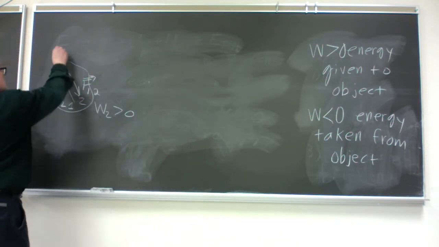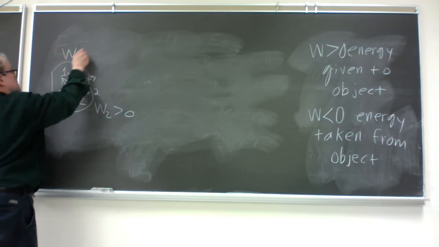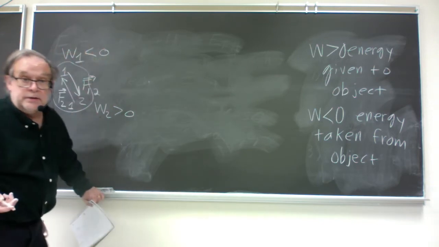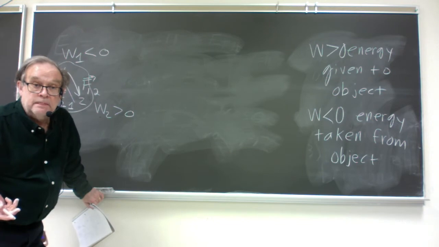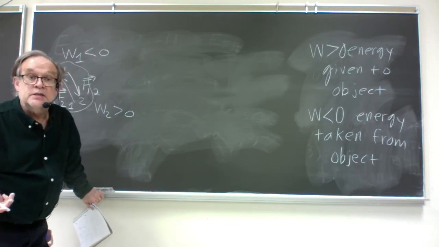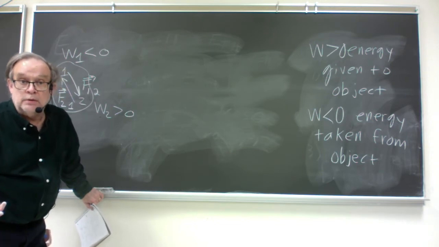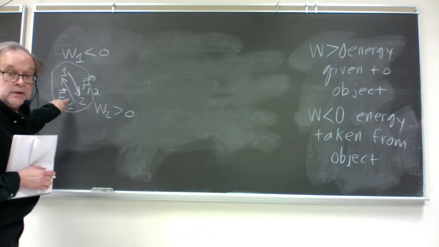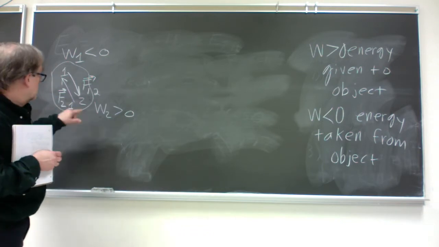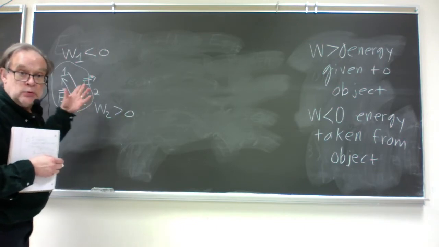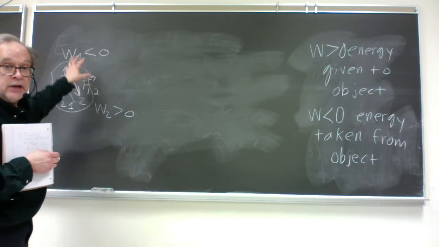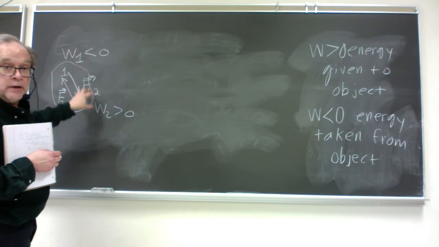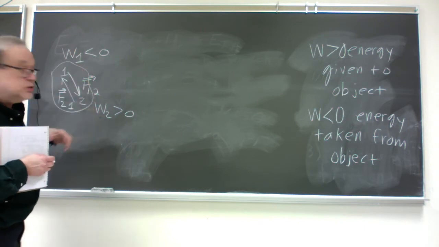So in other words, the work done on thing one is negative. That is, energy is taken away from thing one when this force does work on it. So now we see where, when thing two gained energy, the energy came from. Energy was taken from thing one, given to thing two.